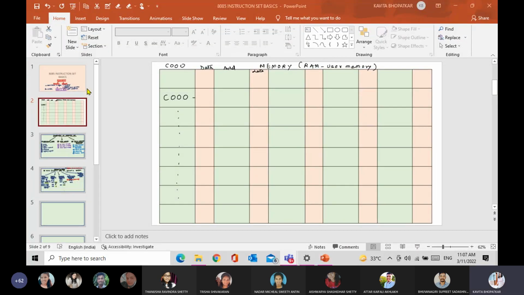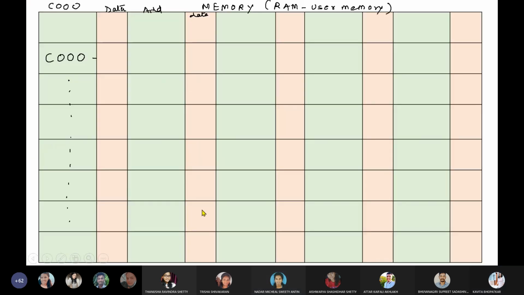Is everybody able to see the screen? Yes.